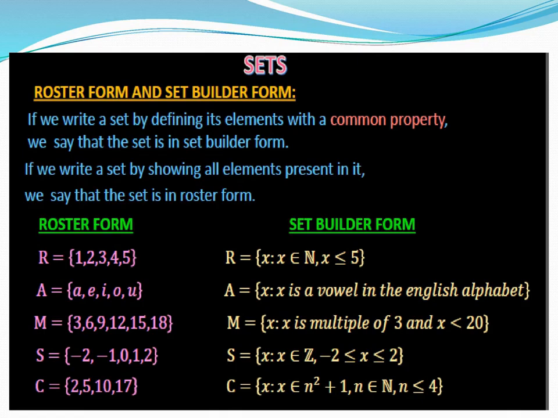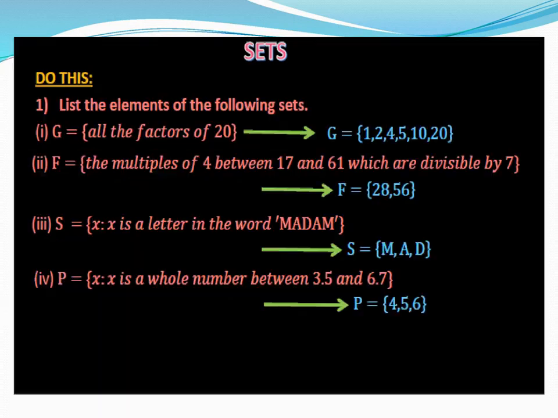How? These are all the elements between minus 2 and plus 2. So we can write the condition minus 2 is less than or equal to X, less than or equal to 2. Or we can write the condition minus 3 is less than X, less than 3.